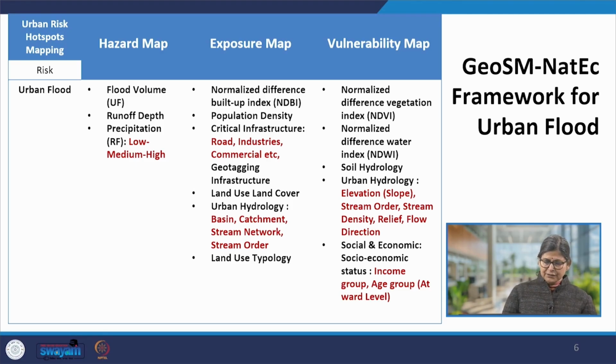Land use land cover, urban hydrology and land use topology. Under the vulnerability map: NDVI, NDWI, soil hydrology, urban hydrology, and socio-economic status that has been captured. So, any Geosm-Natec framework, if you have to apply, you have to have this information with you.